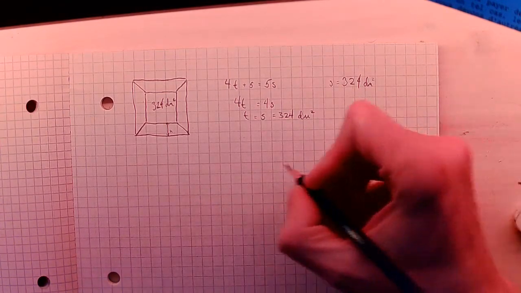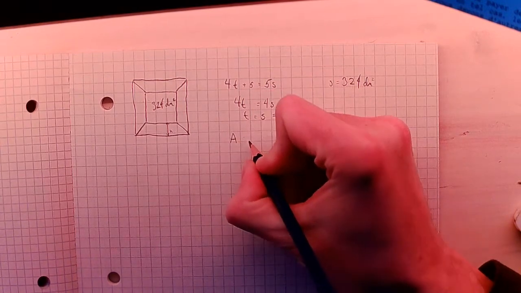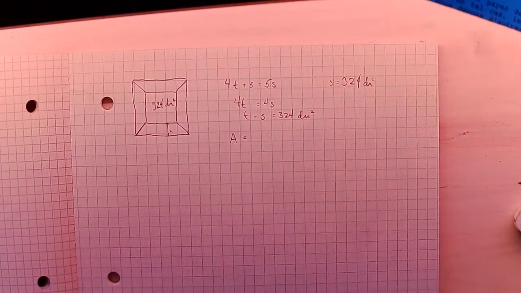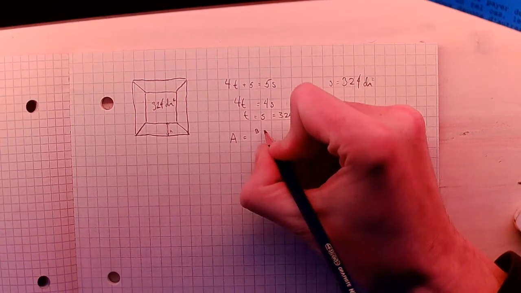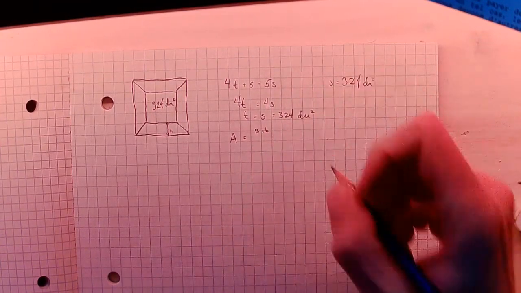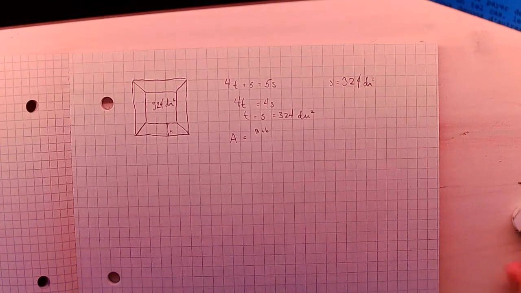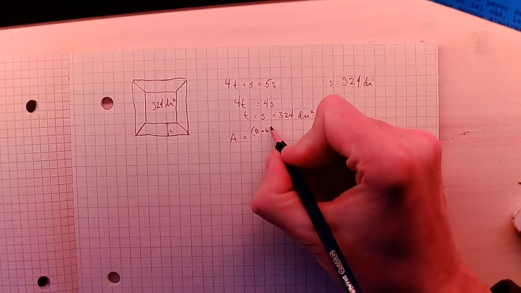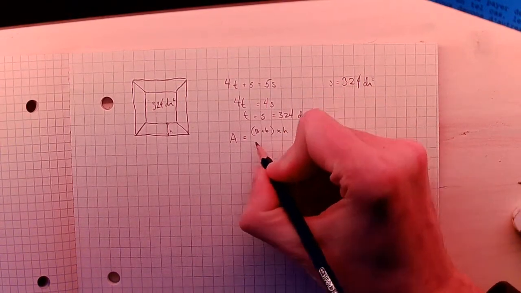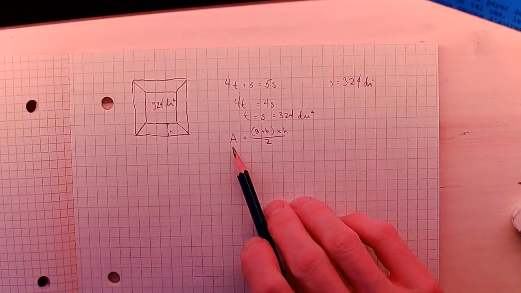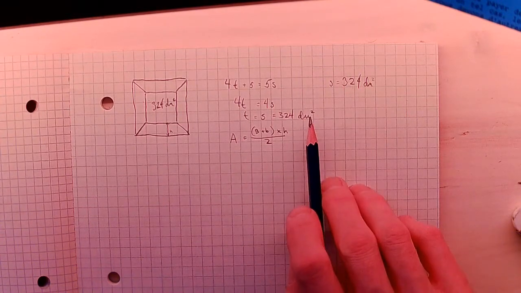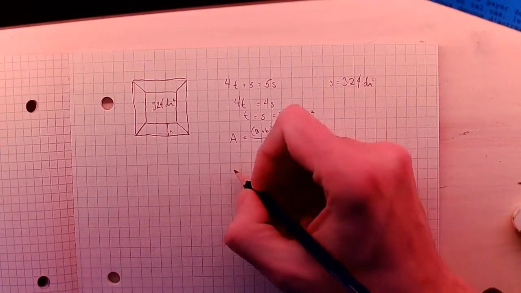So we can say that the area of the trapezoid from our formula is equal to the large base plus the small base times the height divided by 2. Taking what we already know, we can write this out a little differently.